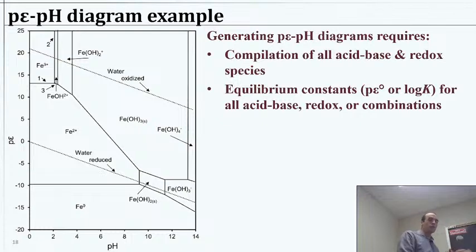But essentially, at the very basics, we're doing the same thing we've been doing. We get some thermodynamic or perhaps a governing equation relationship that's going to tell us something about the pE and the pH, and ultimately plot a line for one with the other.